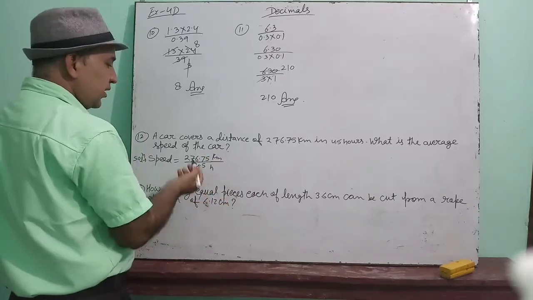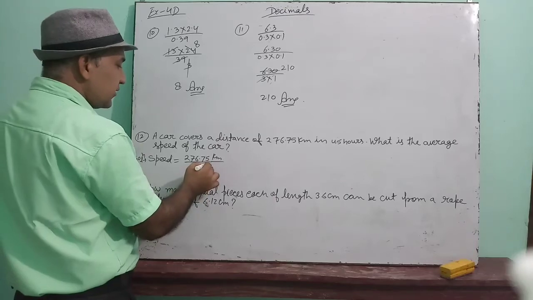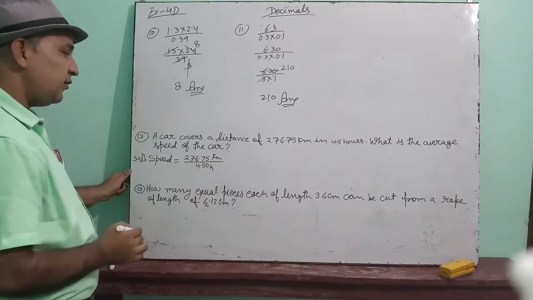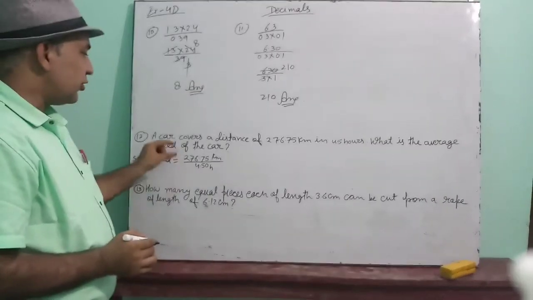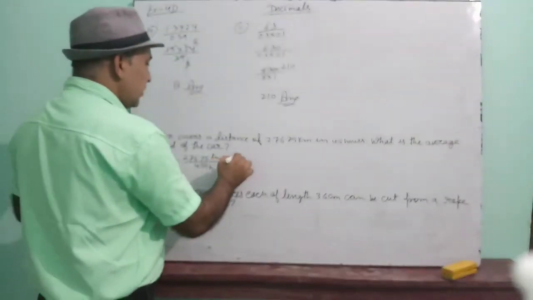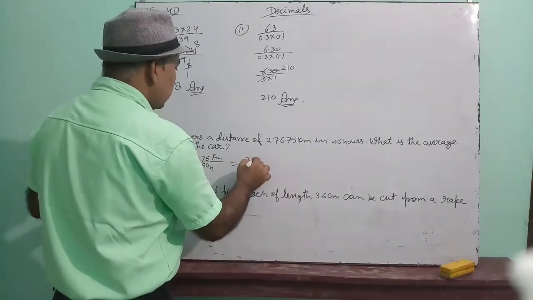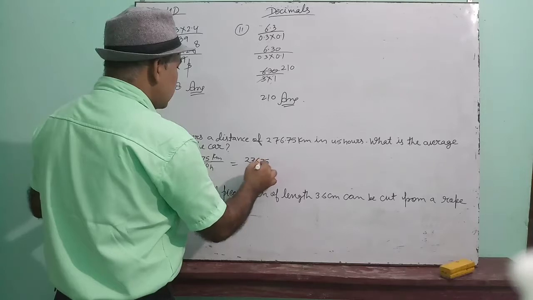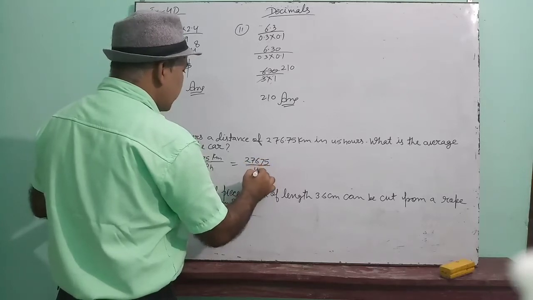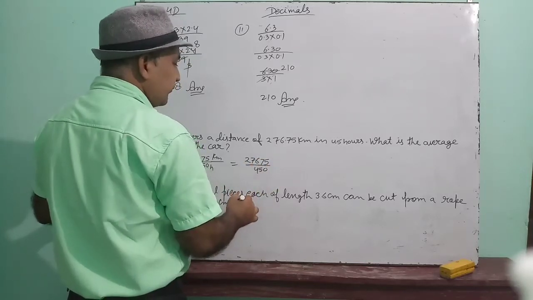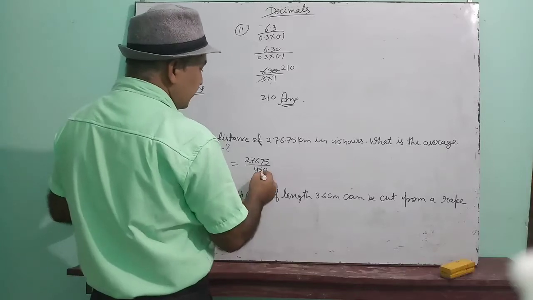Again do the same. Convert them into like decimals by increasing a 0 here. Now remove the decimal. 27675 upon 450. Now solve and get your answer.